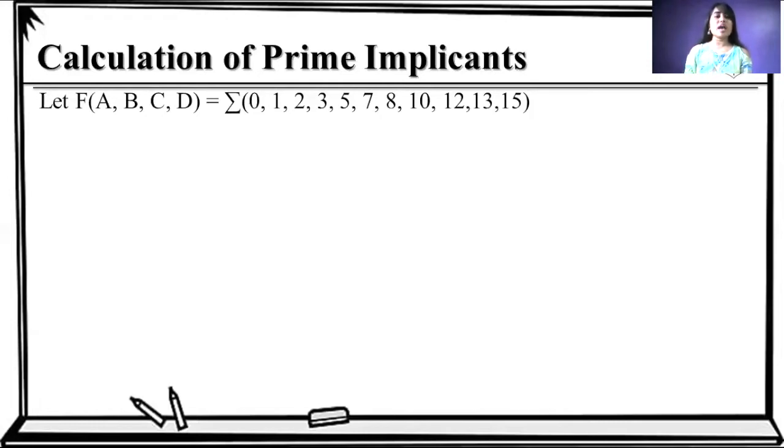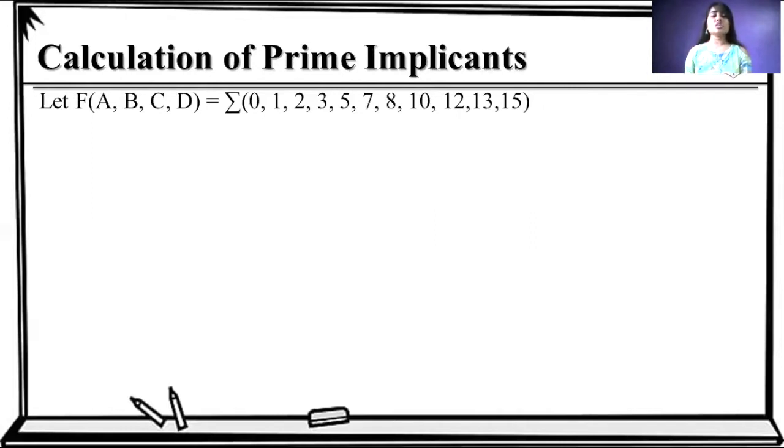So 0 is equal to 0000. 1 is equal to 0001. 2 is equal to 0010. 3 is equal to 0011. And this is how we have a binary representation of all these numbers.